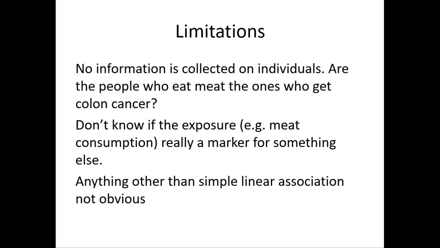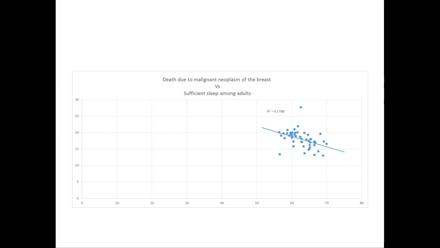People who eat a lot of red meat also smoke, and smoking is really what's causing the colon cancer. And finally, we would say anything other than a simple linear association between red meat consumption and colon cancer is not obvious. So let's look at a couple of examples and write out the interpretation and limitations.